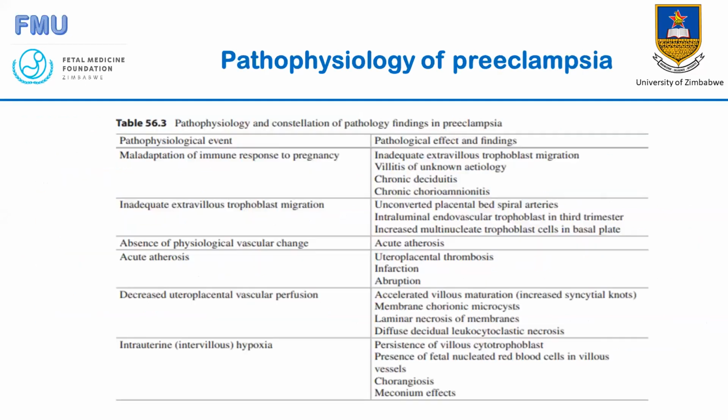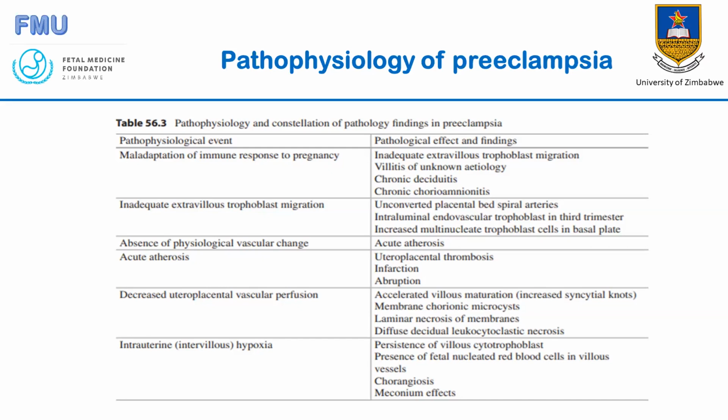The pathophysiology of preeclampsia. The events can be grouped into adaptation of the immune response to pregnancy, with findings which include inadequate extravillous trophoblast migration, chronic chorioamnionitis.